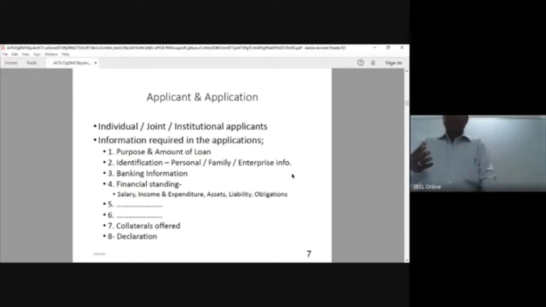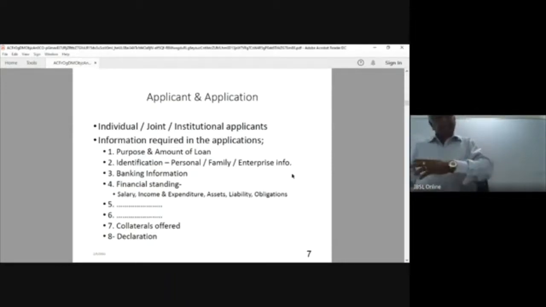So when the applicant gives the application, you must go through it and see whether all the boxes are filled properly. Sometimes some boxes may not be applicable for the facility or the customer, so in that case he has to say it is not applicable. But all the boxes in the application should be filled properly. If it is not done, you have to return the application to the customer: look here, kindly fill all these boxes.